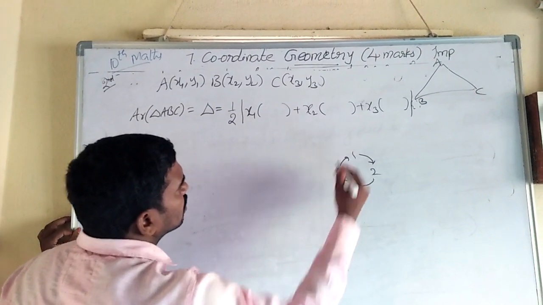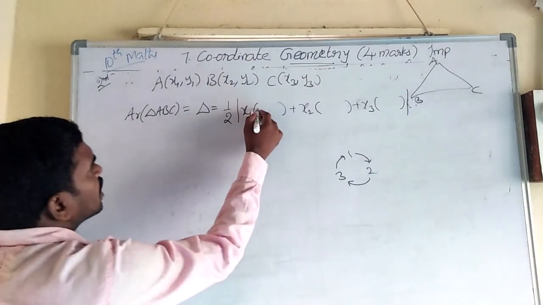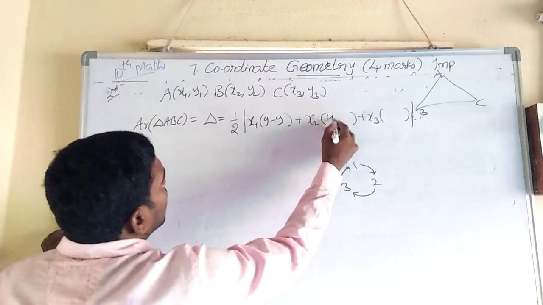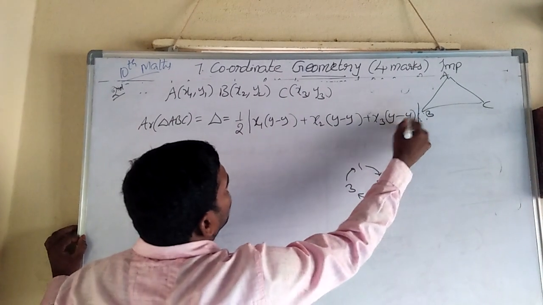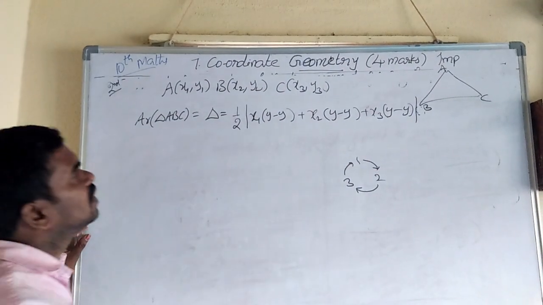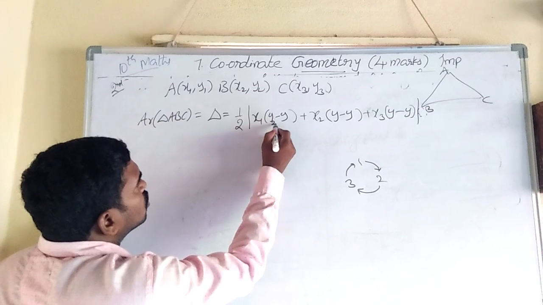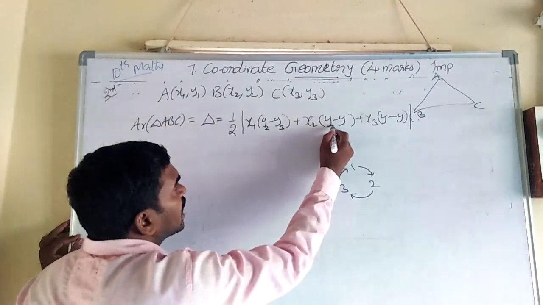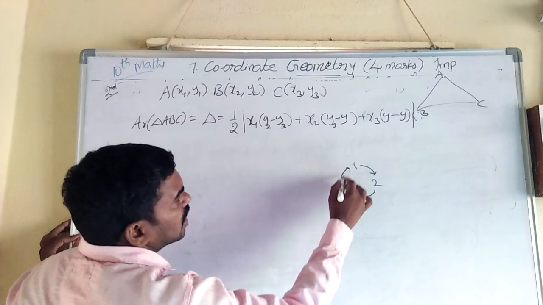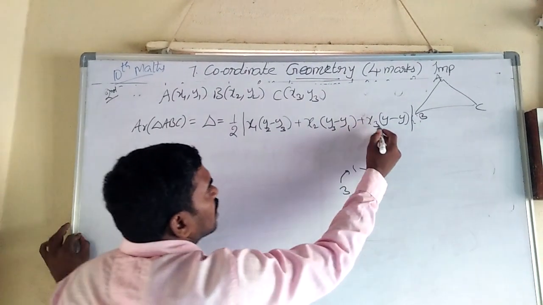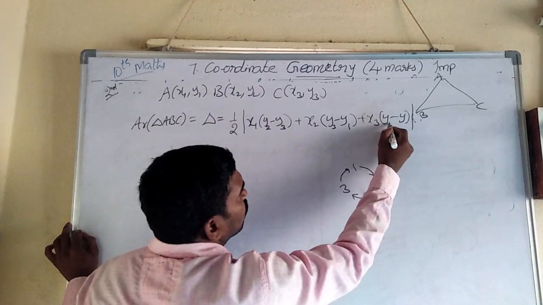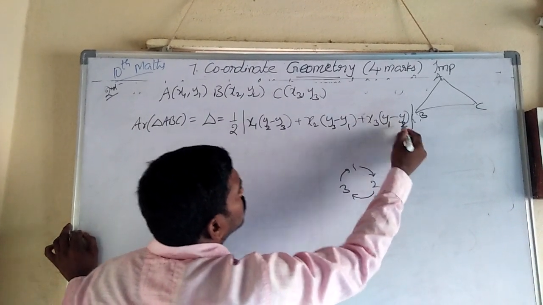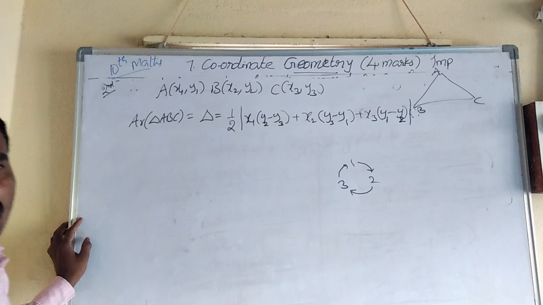After 3, 1. To remember the y minus y pattern: after 1 what number? 2. After 2 what? 3. After 3 what? Not 4, 1. After 1 what? 2. So this is the area of triangle formula.